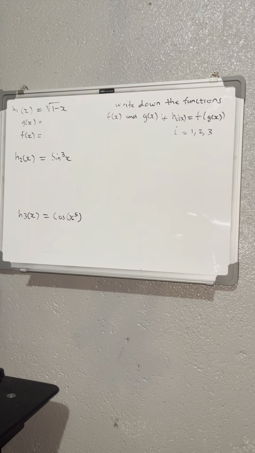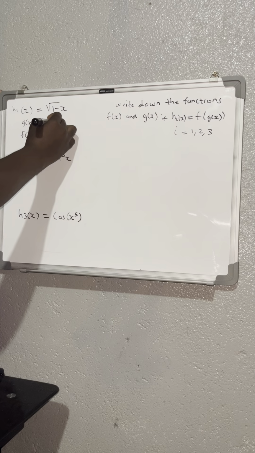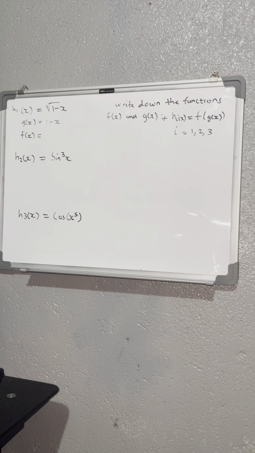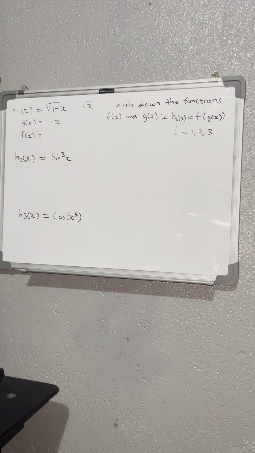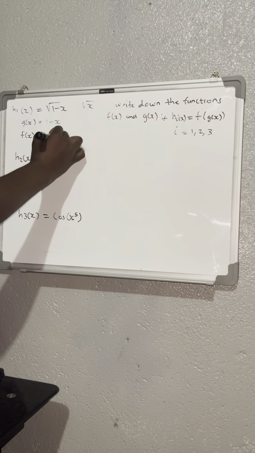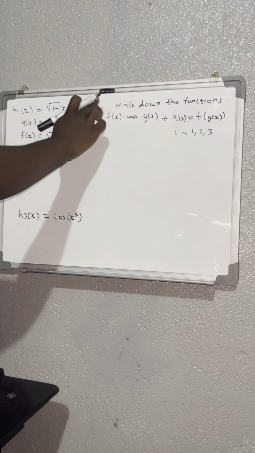My internal function would be your 1 minus x, and the rule is that each and every time you remove a function from this one, you always replace the part where you took by x. So now from this one we are going to be left with the square root of x. Since this one is just going to be simple, here we're going to write the square root of x.